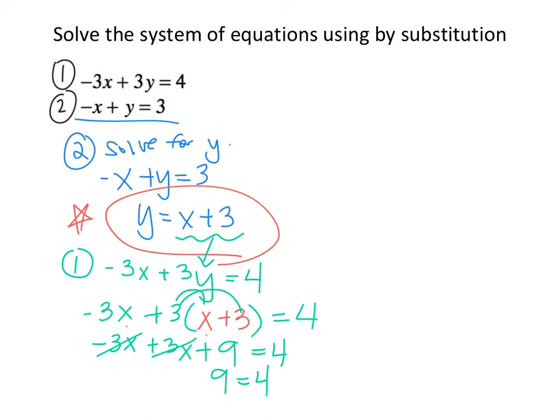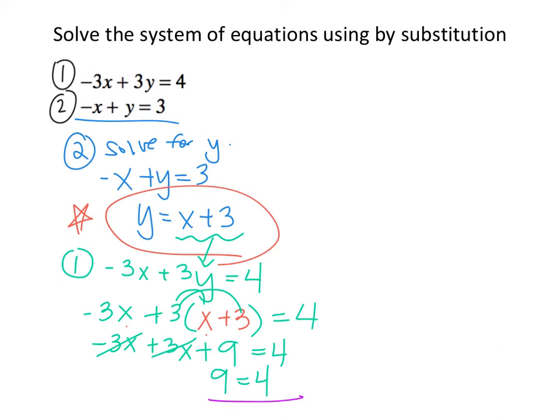If your variable ever cancels itself out, that means that you cannot solve for that variable, obviously. So you're going to have one of these special cases. You can tell which special case it is by determining whether the resulting equation, which in this case is 9 equals 4, is true or false. So does 9 equal 4?